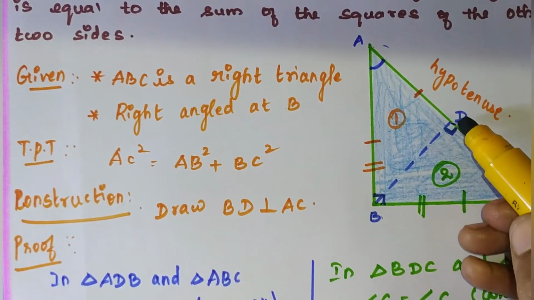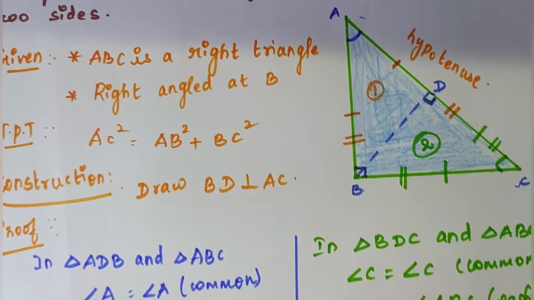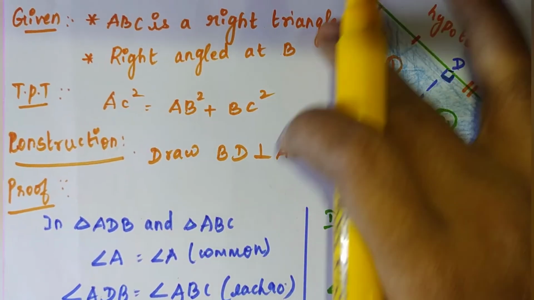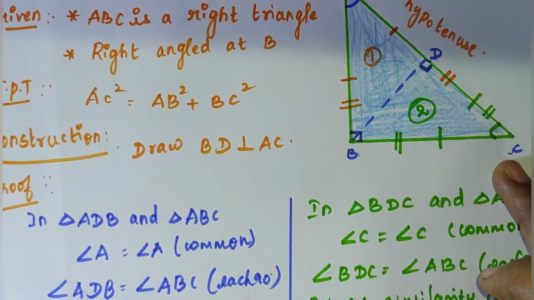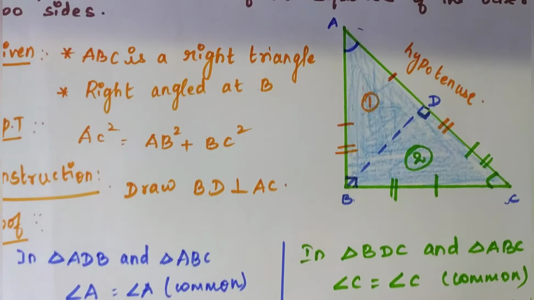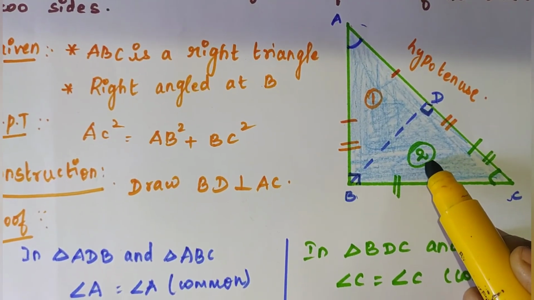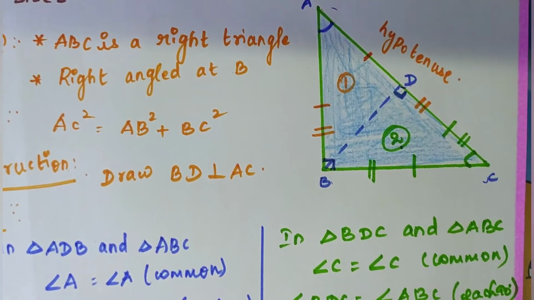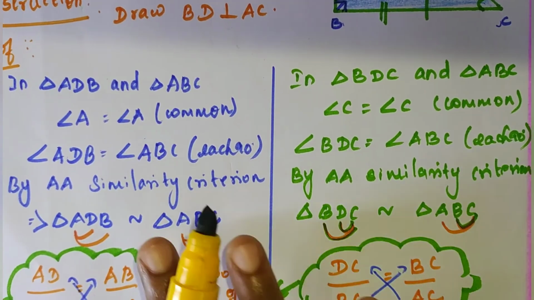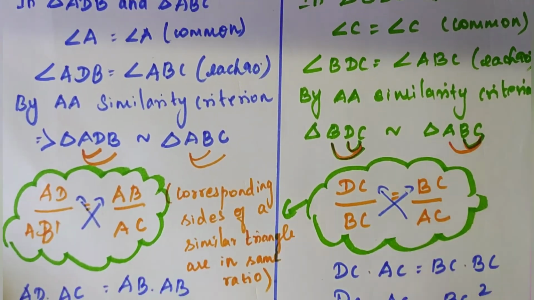Construction: draw BD perpendicular to AC. Then first I take this triangle 1 and the whole triangle, that is the blue color triangle, and prove that the two triangles are similar. Next you take the second triangle and the whole triangle, and prove that the triangles are similar.